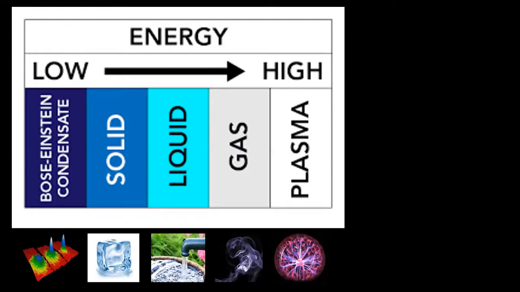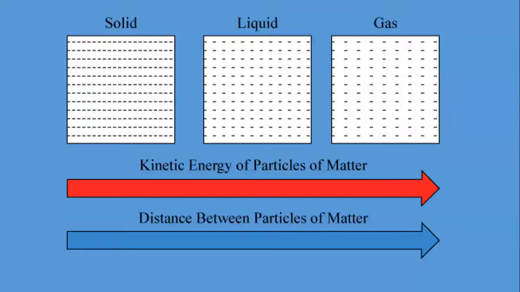So right now, I'd like you to look at this, and it sums up the 3 main states that we find here on Earth, and the relationship between kinetic energy and state of matter.